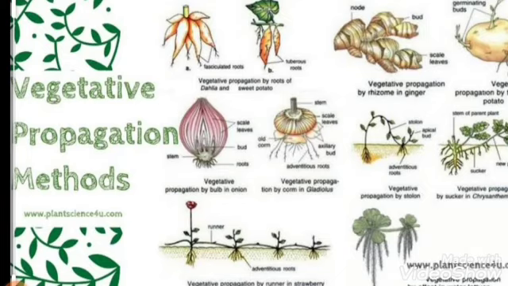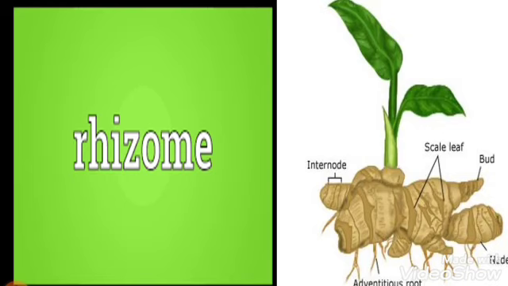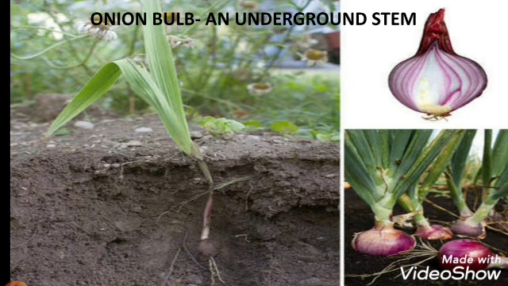So first is modification of underground stems. We can see tuber of potato, rhizome of ginger, corm of gladiolus, also known as arvi, that we eat as a form of vegetable, and bulb of onion or garlic.